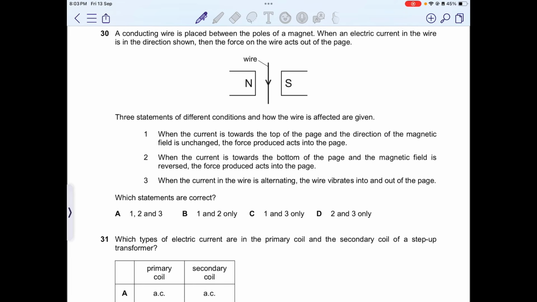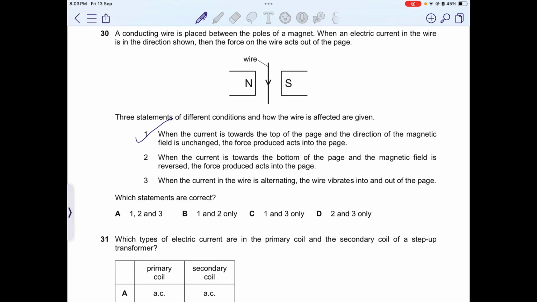So for the top of the page, you would move it to the other side, and let the magnetic field be in the same direction, that is towards the right. So you would see that the force is now into the page. It's completely opposite. So 1 is correct. Now again, return back to the same position of your hand. That is your index finger towards the right, your middle finger towards you, and the force should be upwards.